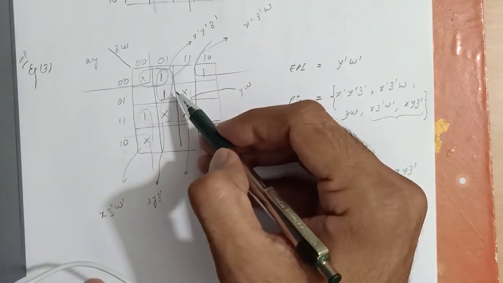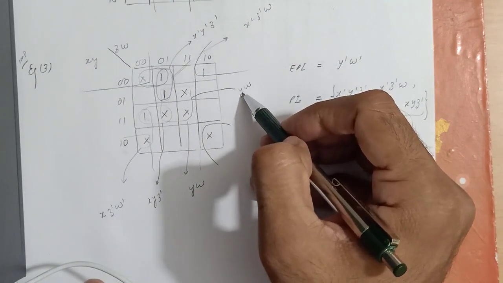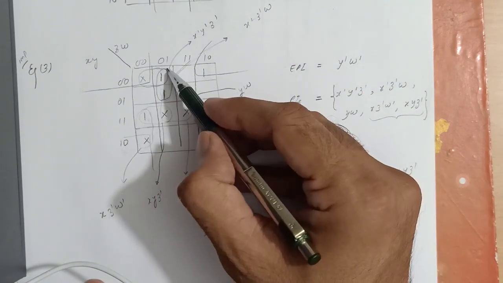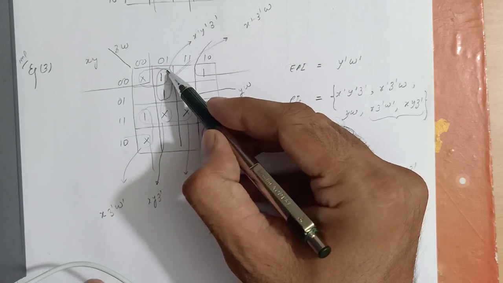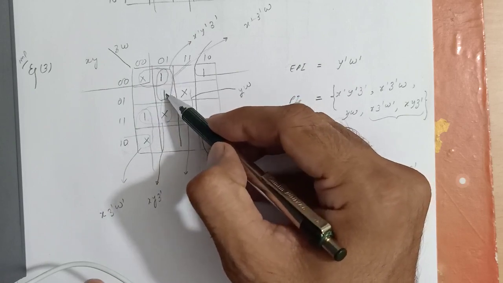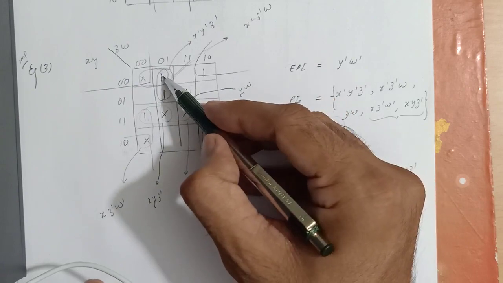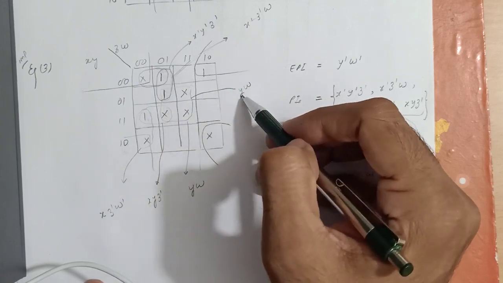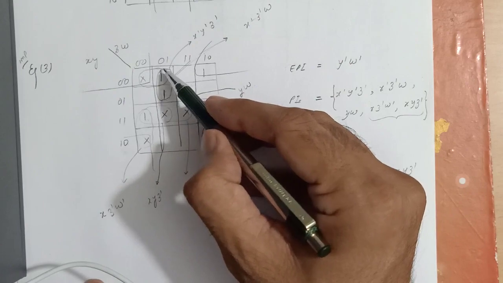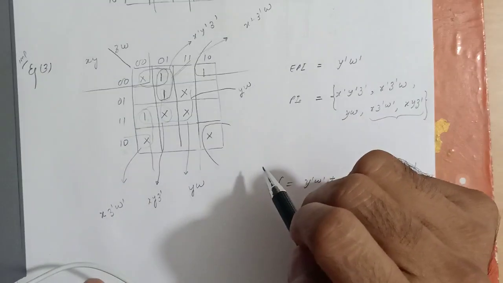So what will be the benefit? We will not select this prime implicant. We will select this prime implicant because it is covering these two ones. If we select that prime implicant, then this one is not covered. So this term will give 2 literals, this term will give 3 literals. So total 5 literals will be there.